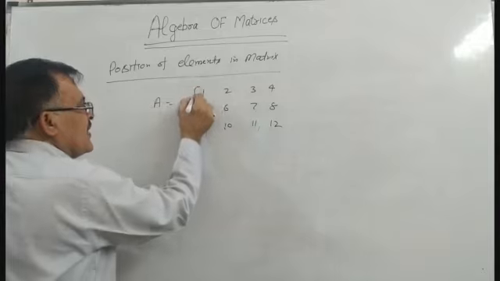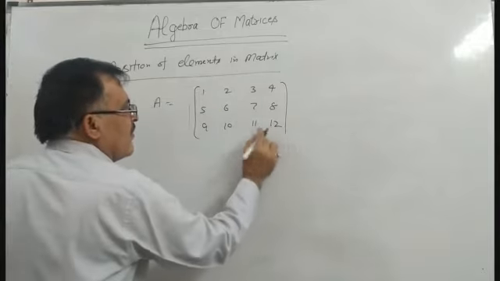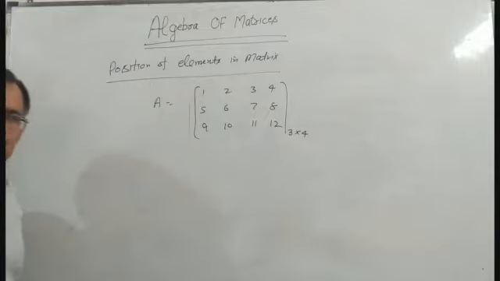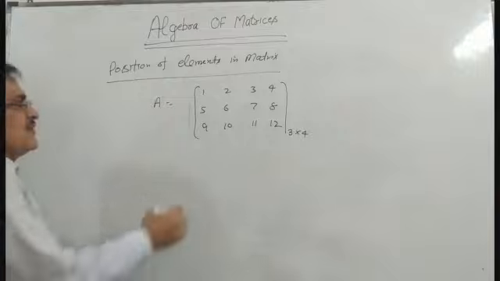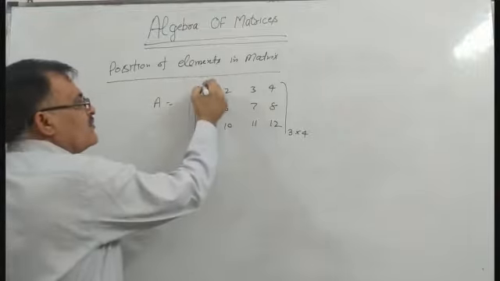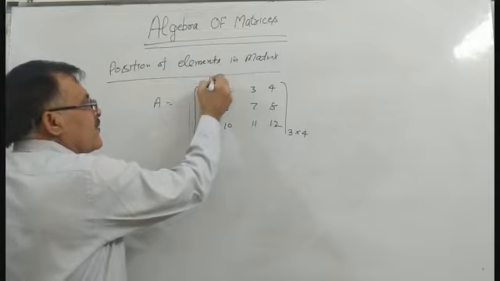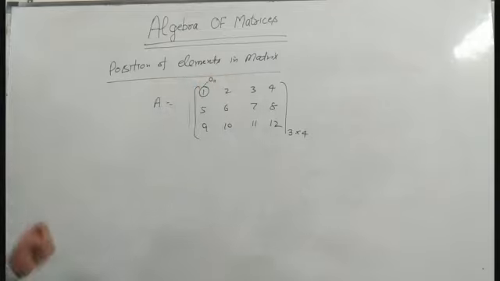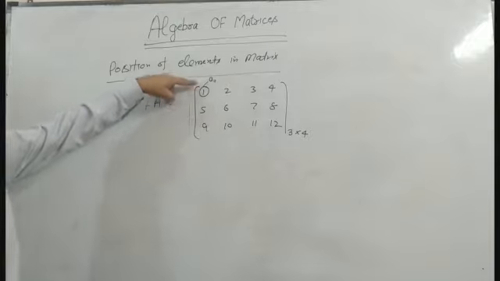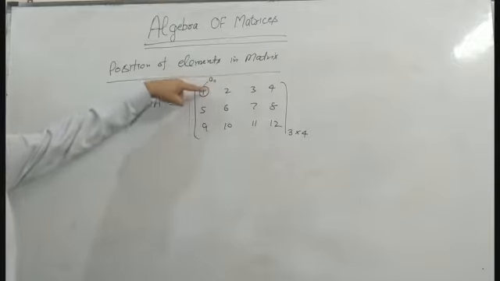I take a matrix of order 3 into 4. Now the position of an element. We take this; the position of this is A11. What is the meaning of A11? First row, first column. This element shows first row and first column.